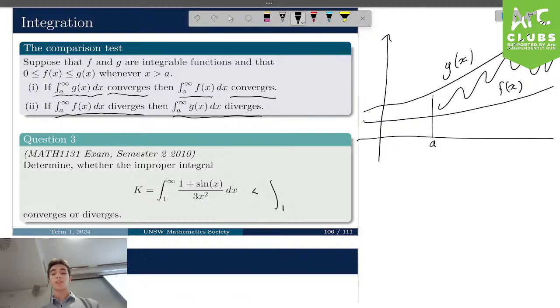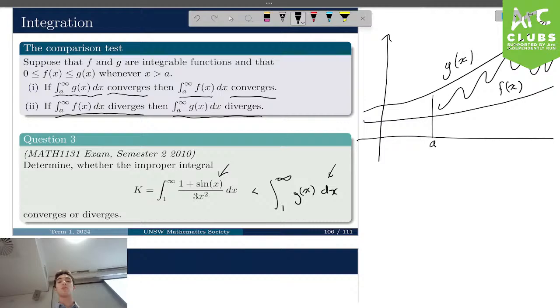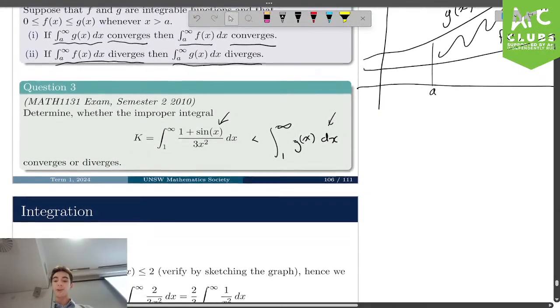So an integral that is larger, well, in this case it would be g of x. And if we can show that this converges, then we can show that this converges as well, right? So let's give it a go.